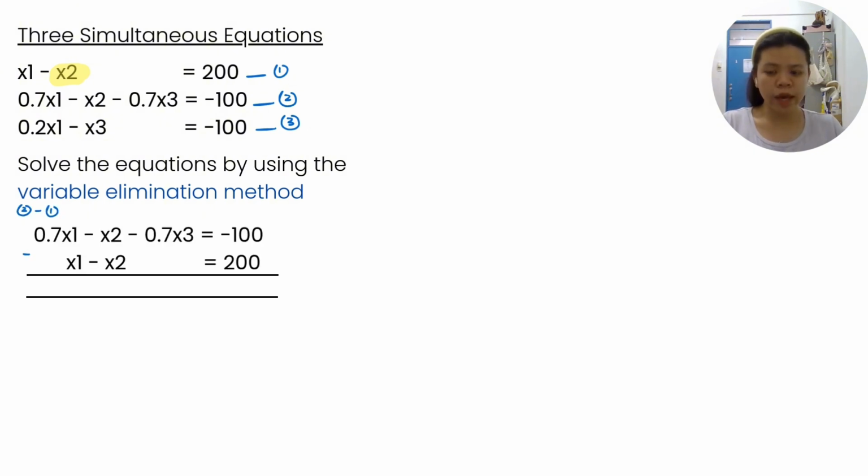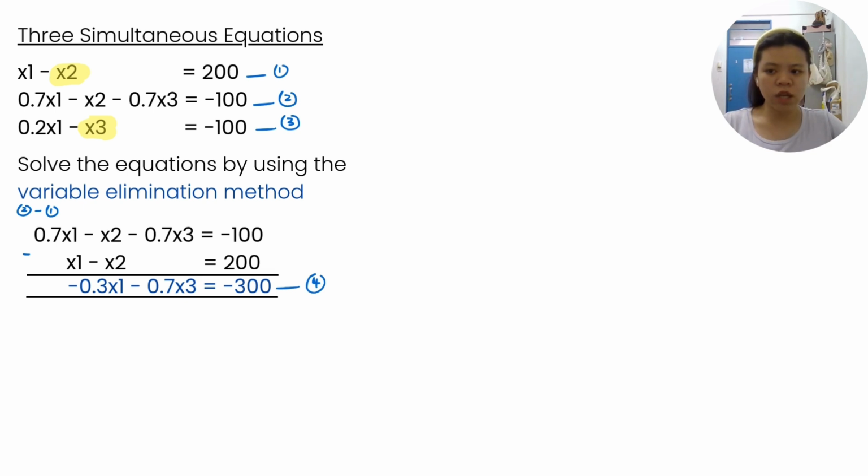I'm going to eliminate x2 by using equation 2 minus equation 1, which are 0.7x1 minus x2 minus 0.7x3 equals negative 100, minus x1 minus x2 equals 200. Then we will get the answer, which is negative 0.3x1 minus 0.7x3 equals negative 300. And let this become equation 4.